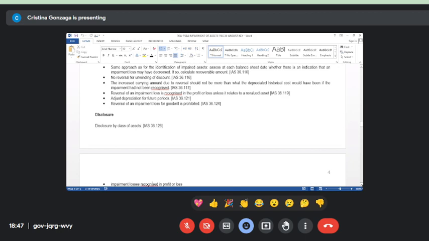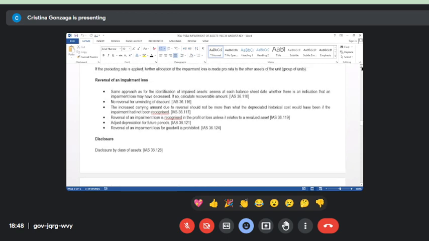So true enough, talagang mababa yung carrying amount compared with the recoverable amount. Kaya we recognized impairment loss, let's say last year. Paano kung this year, nakabawi yung market value? Biglang tumaas, all of a sudden, tumaas yung market value. Is there a chance that we can reverse the impairment loss that we recognized last year? The answer is yes. We can. Okay? So we can reverse the impairment loss that we recognized in the previous periods.